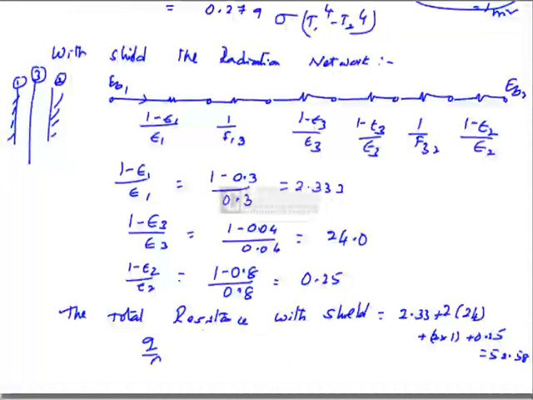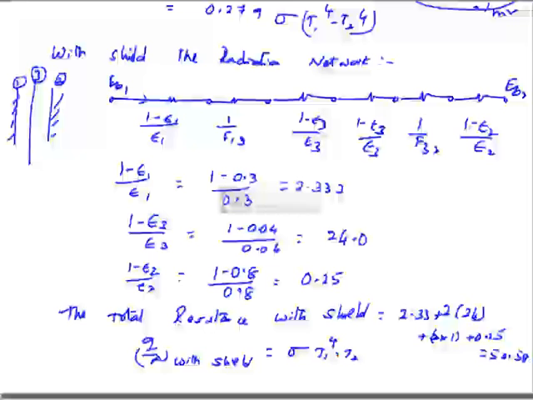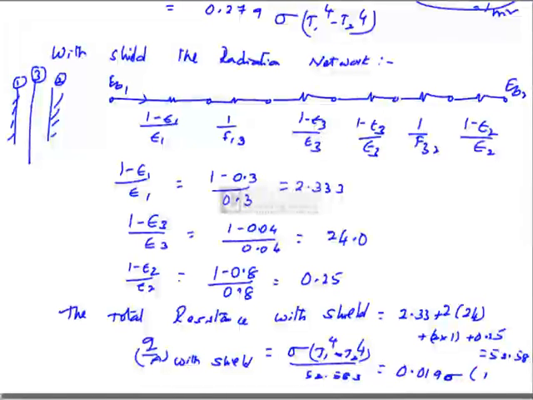Therefore, Q by A with the shield is sigma (T1 to the power 4 minus T2 to the power 4) divided by 52.583. This results in 0.019 sigma (T1 to the power 4 minus T2 to the power 4).